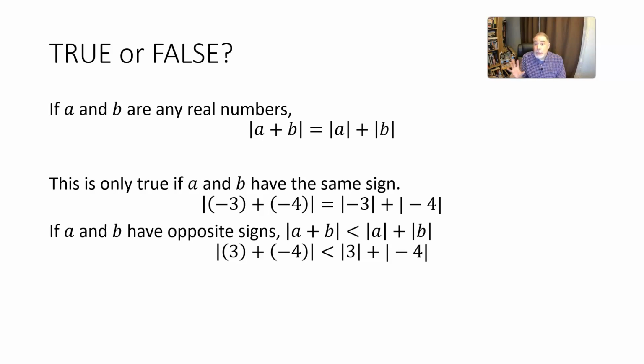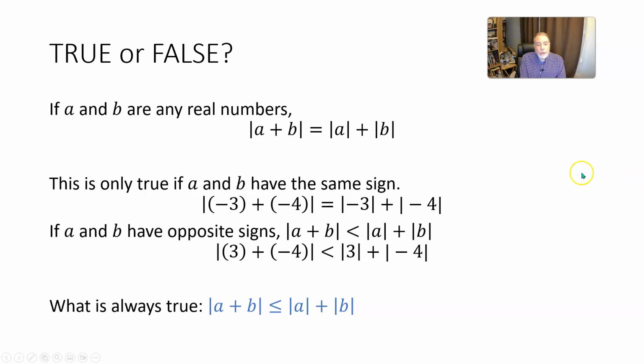But if we took absolute values first, the absolute value of 3 is 3, the absolute value of -4 is 4, and 3 plus 4 is 7, and 1 is strictly less than 7. So what is always true is that the absolute value of A plus B is less than or equal to the absolute value of A plus the absolute value of B.